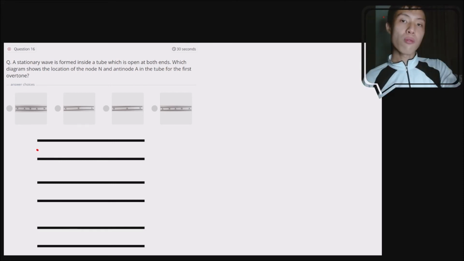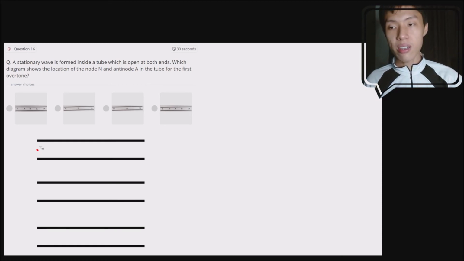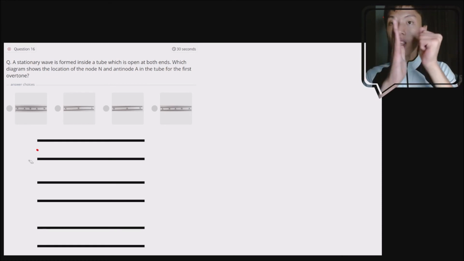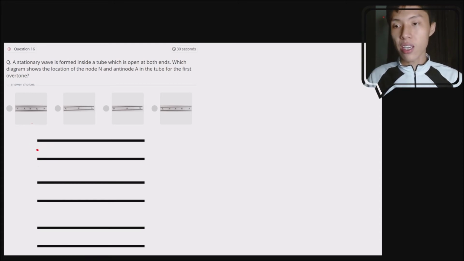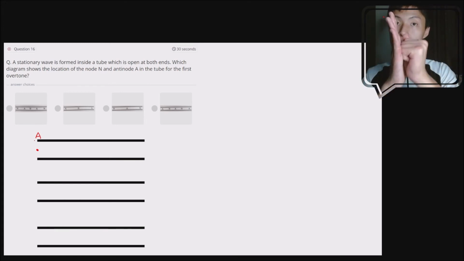So if it has room to move, then it will vibrate, it will oscillate. If the particle is here, there's nothing to block it from oscillating. You should expect this particle to be an antinode. Okay, so this particle here will be an antinode because there's nothing blocking it from moving.